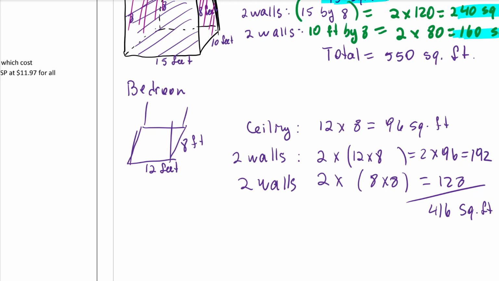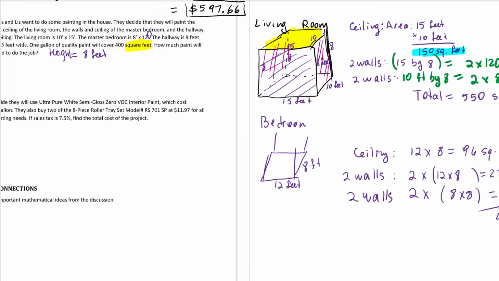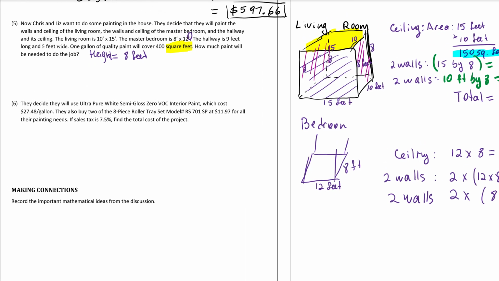I understand it's long, but the idea is you're just finding the area of everything. Area is length times width, and we add up all the dimensions. The last thing that we need to calculate is not a room, it's the hallway. The hallway is 9 by 5, a little hallway.